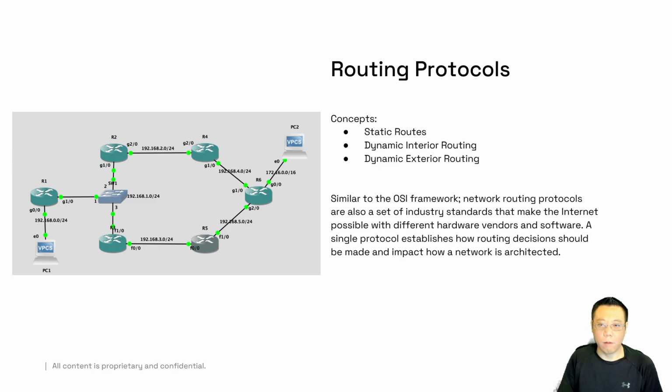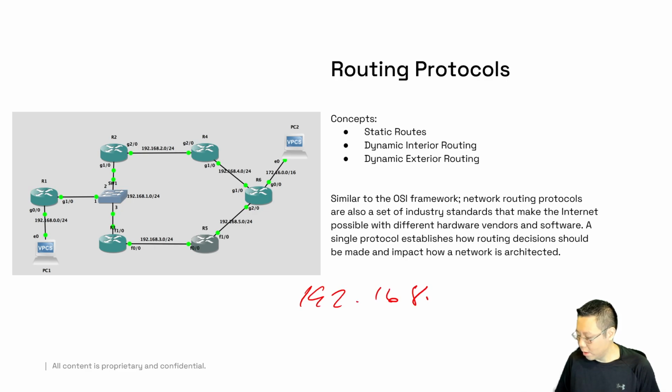Okay, we also have routing protocols. So routing protocols operate in a couple of different ways. We have static routes, which we basically say anything that is in 192.168.0.0/24, for instance, you stay local, right? That's my local network.